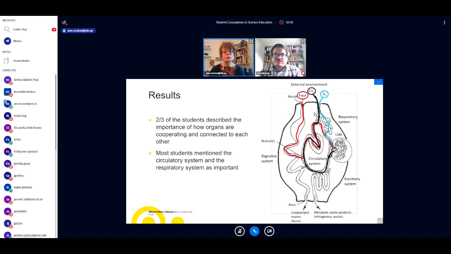So what we found was that two thirds of the students described the importance of how organs are cooperating and connected to each other. And most students also mentioned the circulatory system and the respiratory system as important.